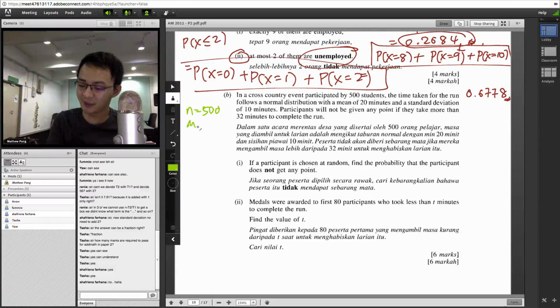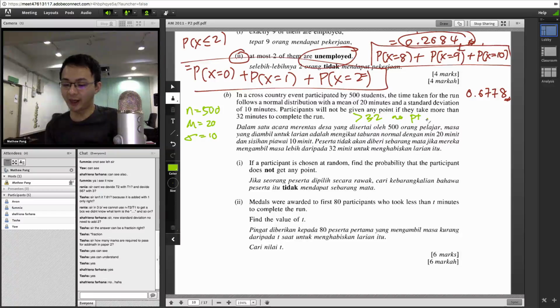Mean equals 20 minutes, and standard deviation equals 10 minutes. Participants will not be given any point if they take more than 32 minutes. So if more than 32 minutes, there's no point. Okay, so if a participant is chosen at random, find the probability that the participant does not get any point.